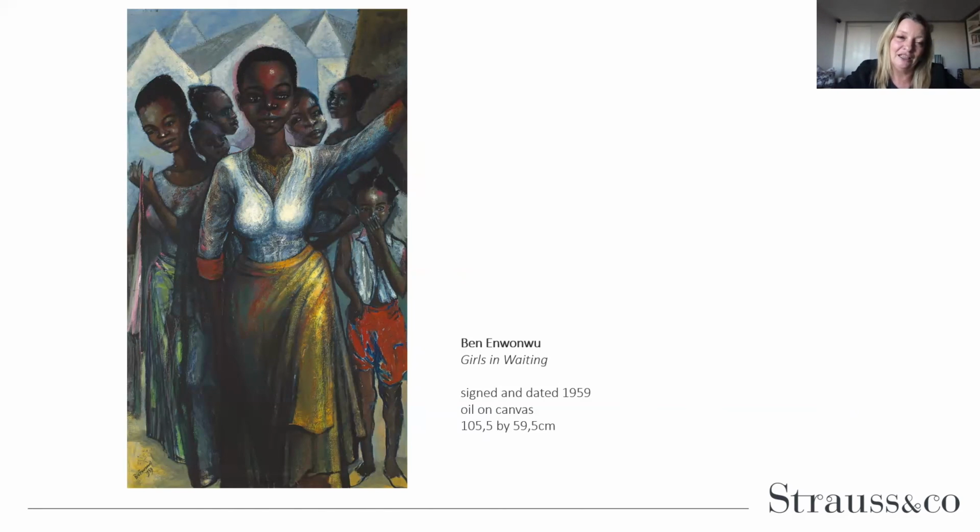For me, it is about the modern woman in Nigeria in the late 50s, where Nigeria was finding its feet after British rule, and it's just about the pride in this woman's eyes and the sense of identity and self-consciousness that they have. It's just an amazing work.